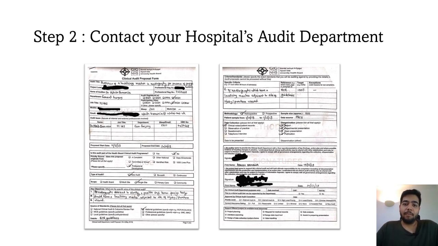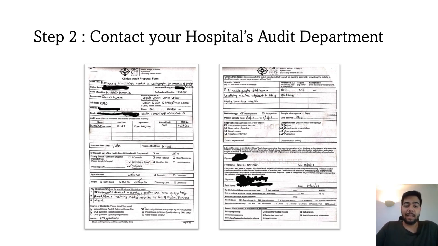So this is the form which I filled, and you can see on this form that I need to put the title, the name of the project lead, who can be one of the consultants who you want to conduct this audit under. You need to put their registration number, which is the GMC number. You need to put the name of the author, which is yourself, your own GMC number, your department, and the hospital where the audit is registered.